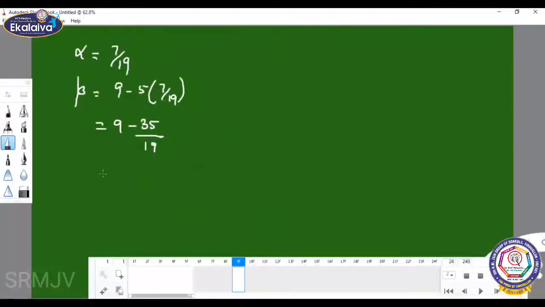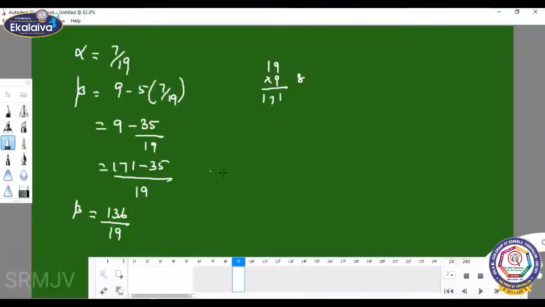You can take 19 as the LCM. 19 nines are 171. 171 minus 35 by 19, beta equal to 136 by 19.